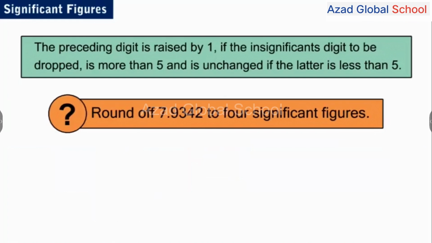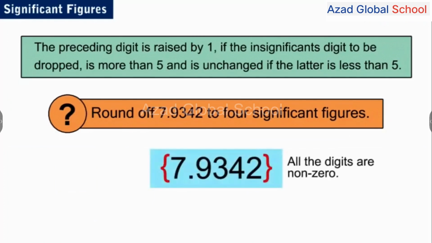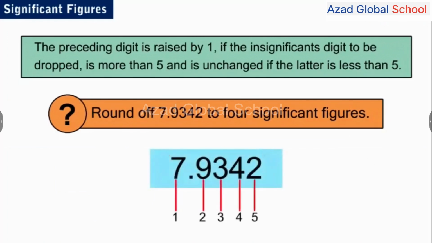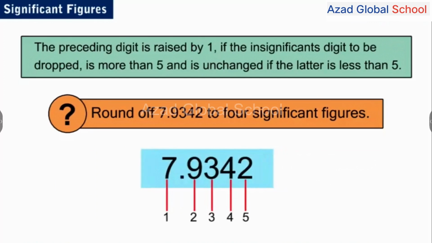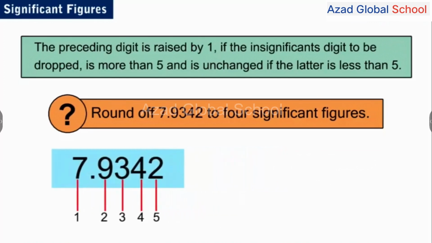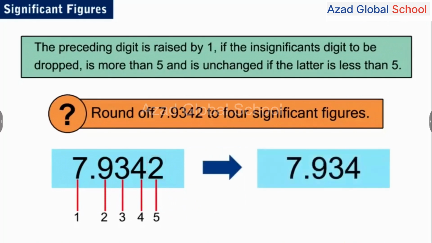Round off 7.9342 to 4 significant figures. This number has non-zero digits, and there are 5 significant figures. In the decimal place, we will round off 2, resulting in the number 7.934 as the number to be dropped, which is 2, is less than 5.